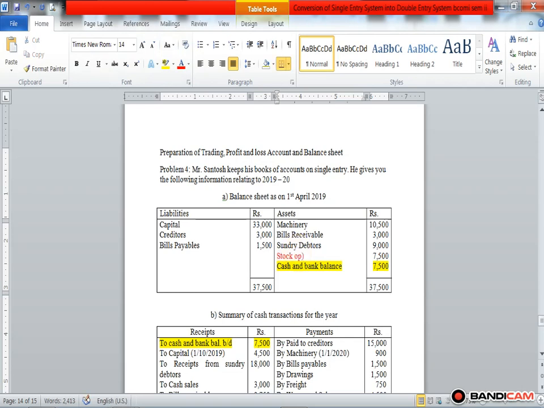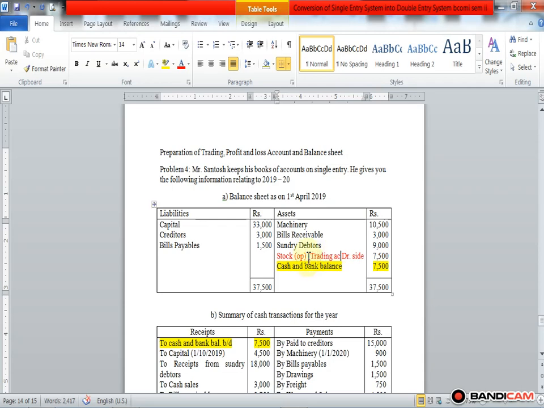And opening stock is transferred to which account? Trading account, debit side. Got it?